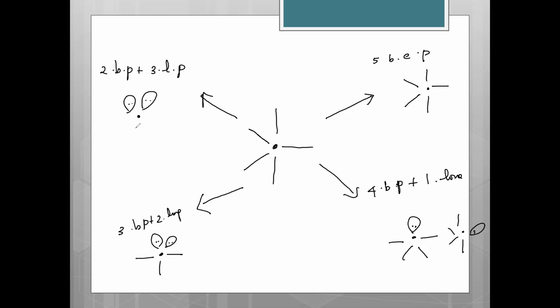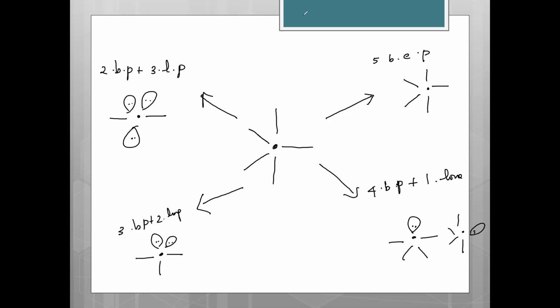Think like your all three lone pairs in one axis, the other two bonding pairs perpendicular to that axis. This is the concept.